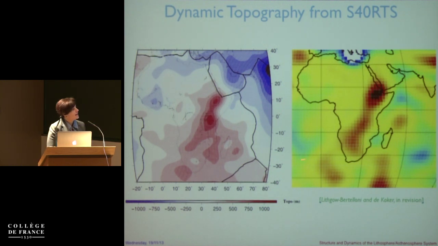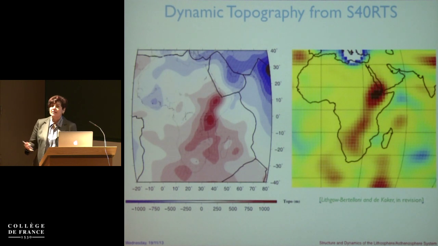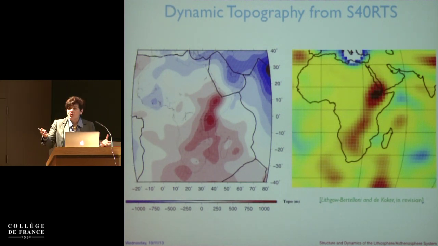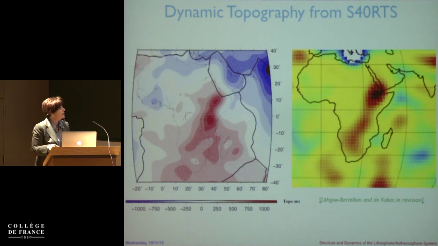Over here is a residual topography to be compared to this, and you would say that agrees pretty well. This residual topography is an observed dynamic topography where you subtract the isostatic contribution from the total topography. So you will say, okay, that big upwelling is actually supporting Africa, so that dynamic topography does contribute some to that surface deformation.